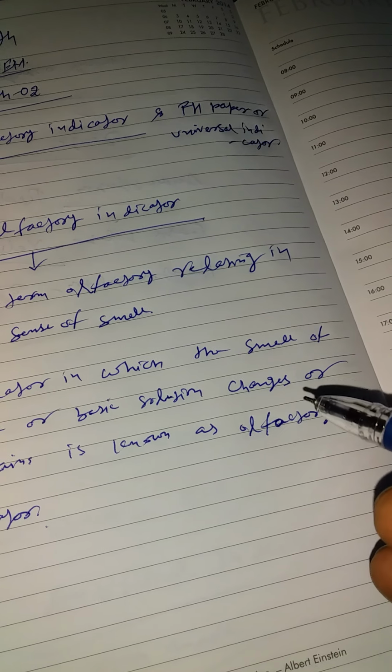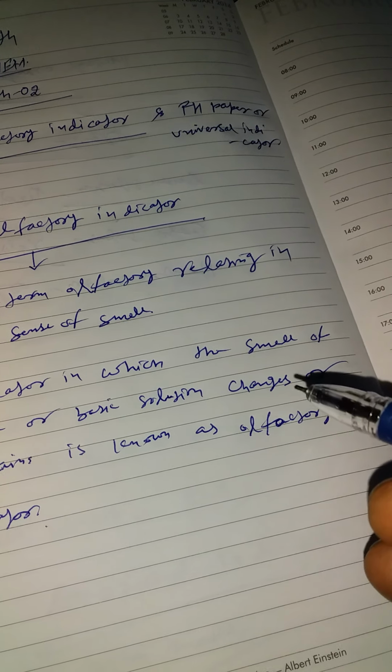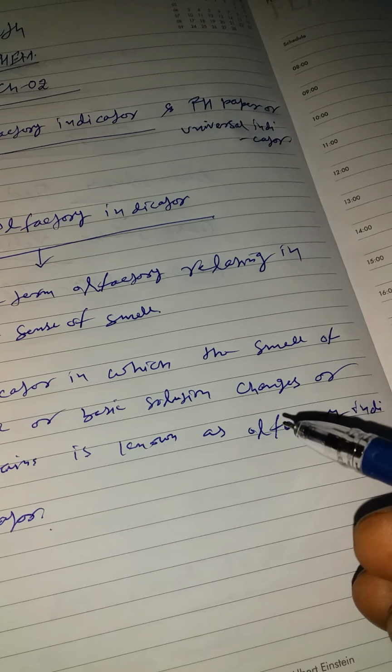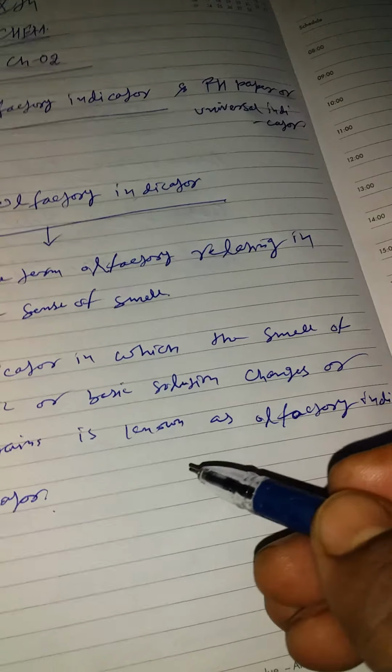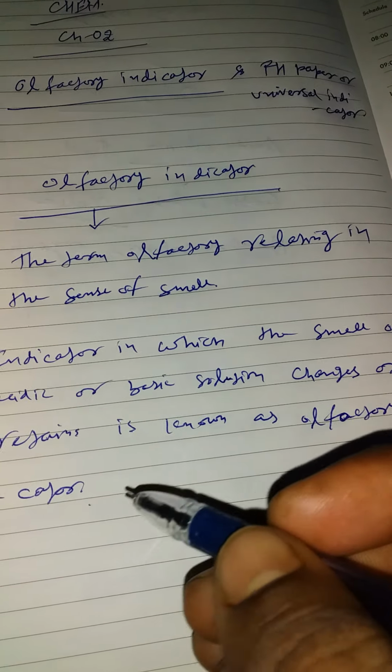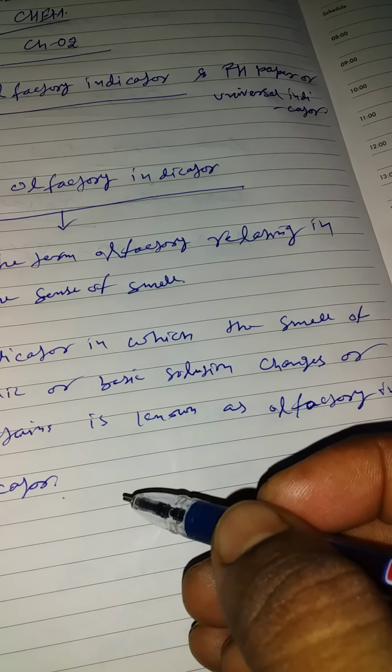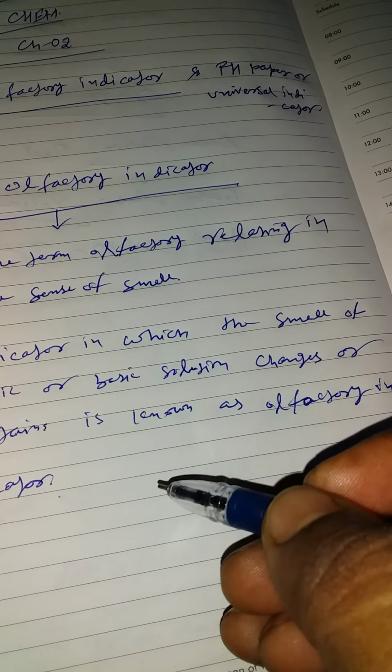That means when we add an olfactory indicator to an acidic or basic solution, the smell changes or does not change, and this identifies the nature of the acidic or basic material.